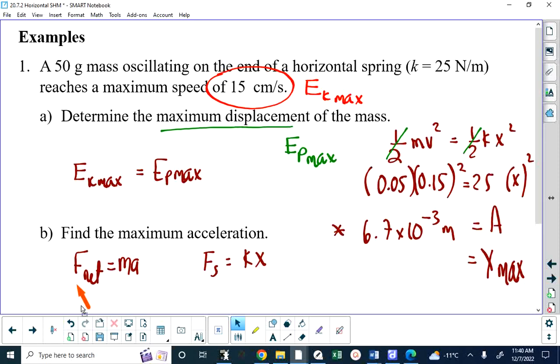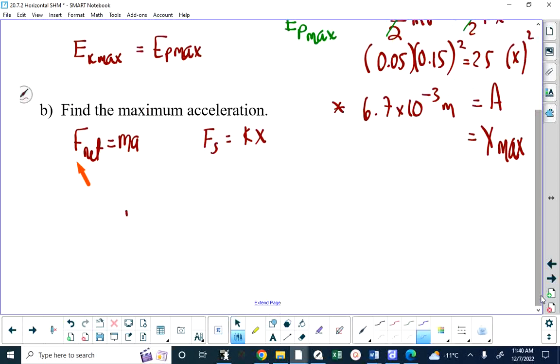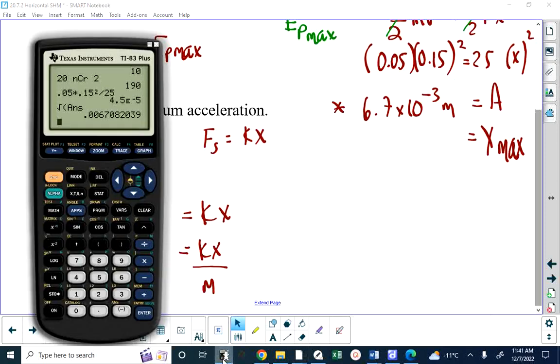So you have two options for you to complete this question. You can put this into your spring force formula to calculate the force and then put it here to calculate the acceleration, or you could be a little crafty about it and just say ma equals kx. So if we just take k times that maximum displacement divided by the mass, we would get the maximum acceleration. 25 times my answer divided by the mass in kilograms, which is 0.05.